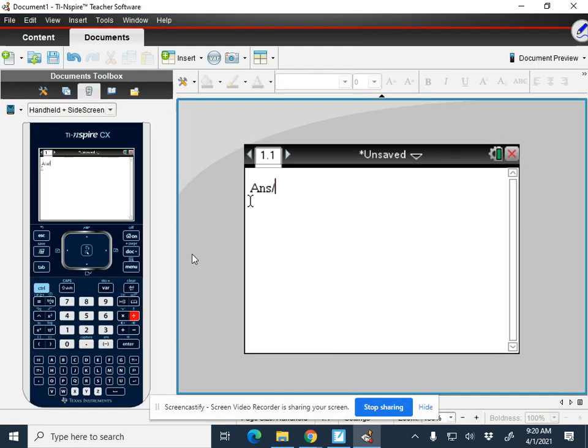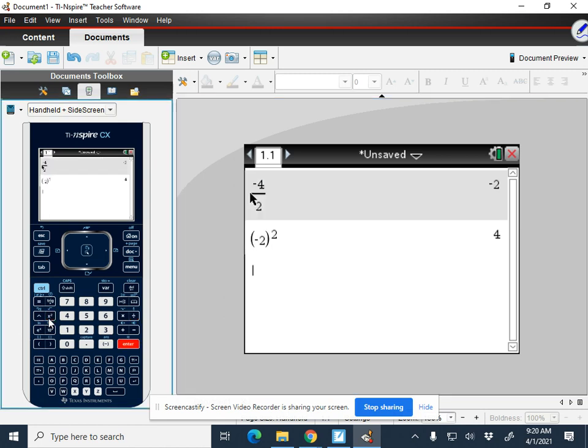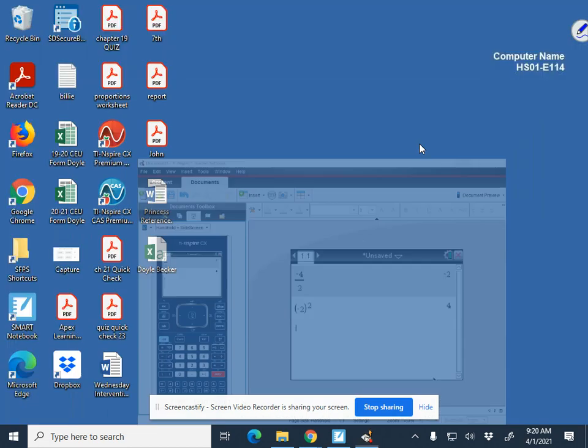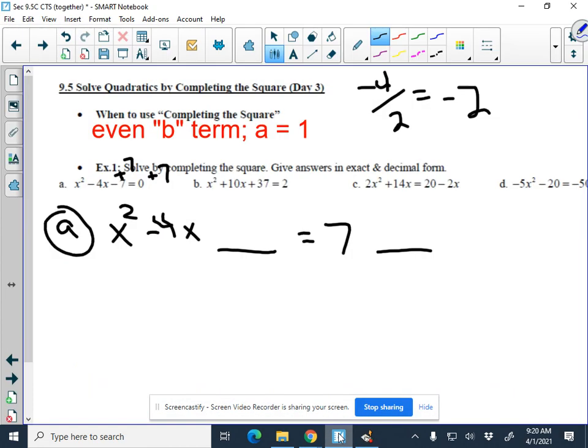You take that negative 4, divide by 2, hit enter, and then hit this squared button. And if you hit that squared button, it makes it positive 4. That's what goes in the blank. Okay? So we put in the blank, everyone, plus 4, plus 4.